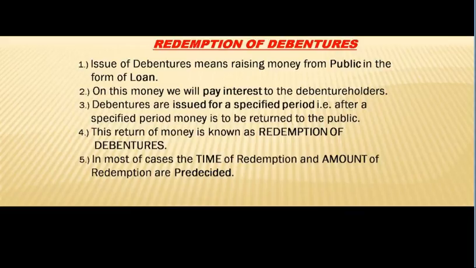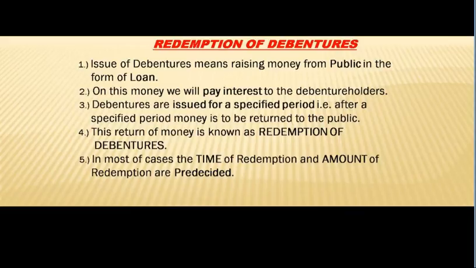When you have to pay back the money to the public, that is known as redemption of debentures. In most cases, the time of redemption and the amount of redemption are pre-decided. Clear? So this is the very basics of redemption of debentures that we discussed in the last lecture.